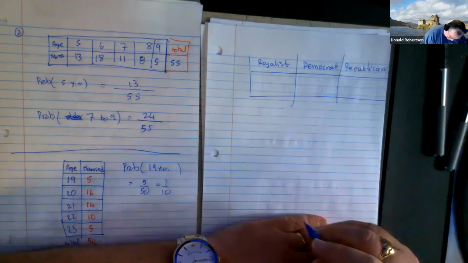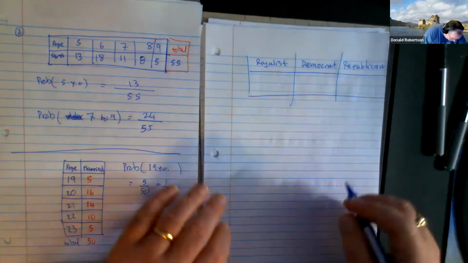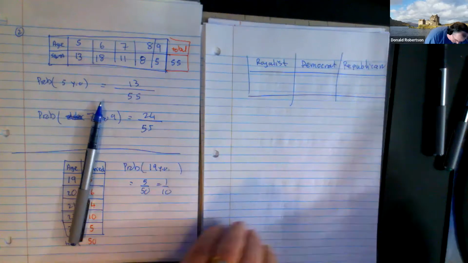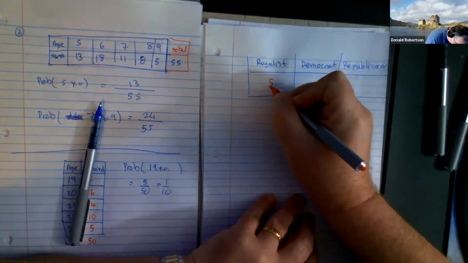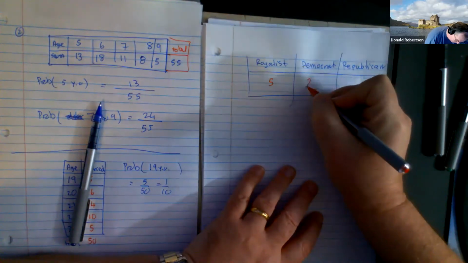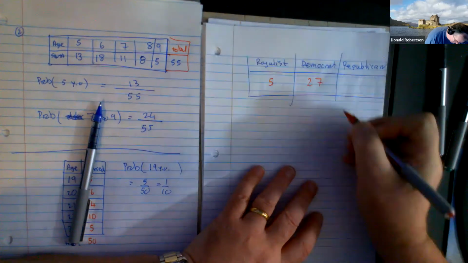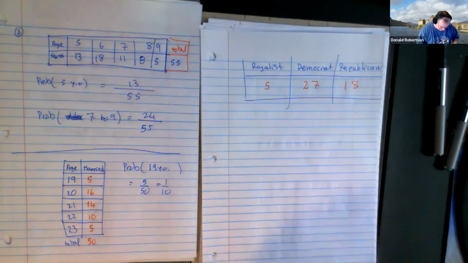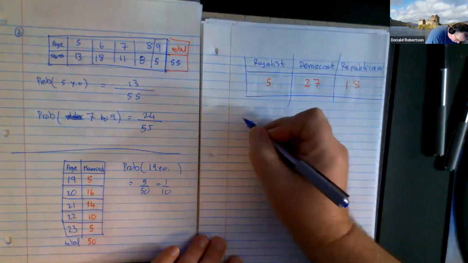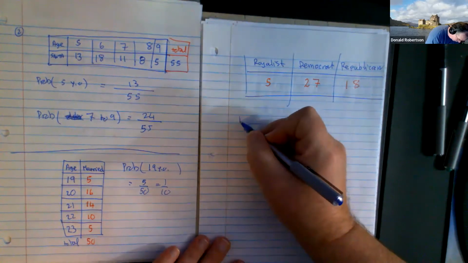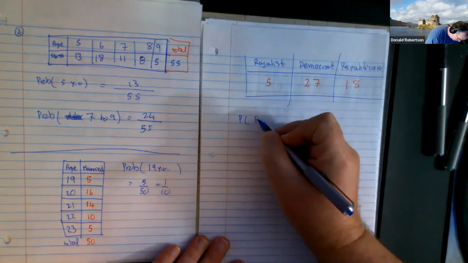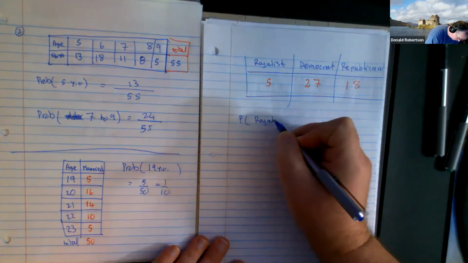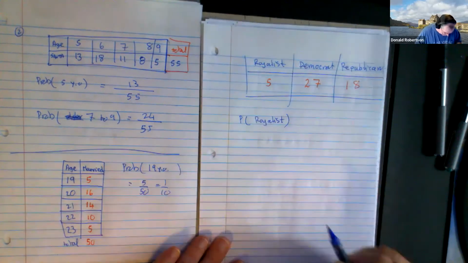And you found some people and you asked them who they were going to vote for. And 5 were going to go that way. 27 were going to go that way. 18 were going to go that way. And you could just say, what's the probability then that you pick someone at random and they were going to be a royalist? That's who they were voting for.